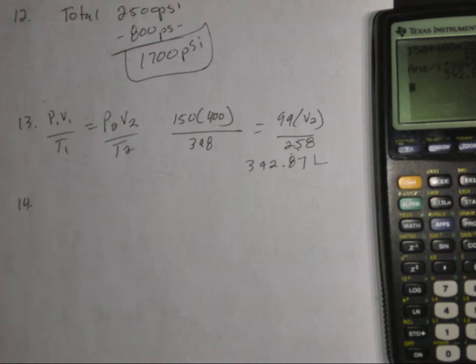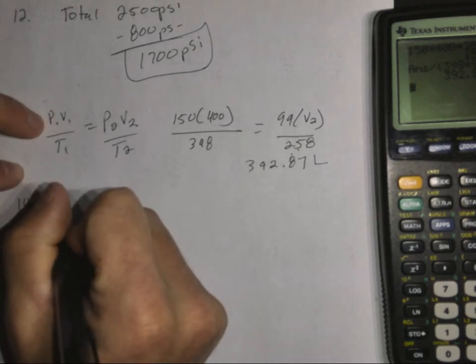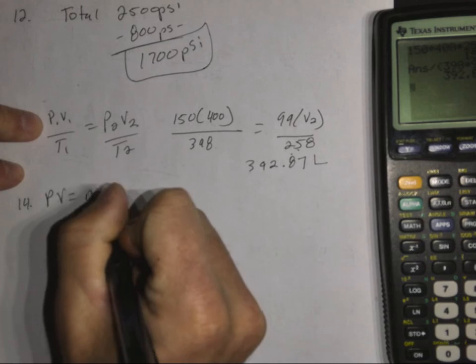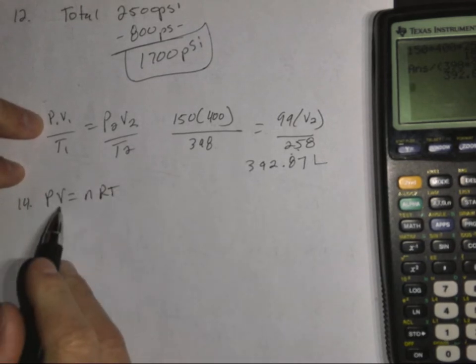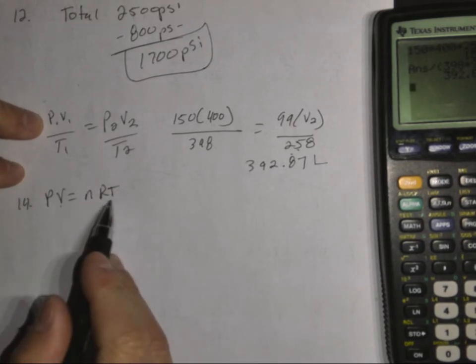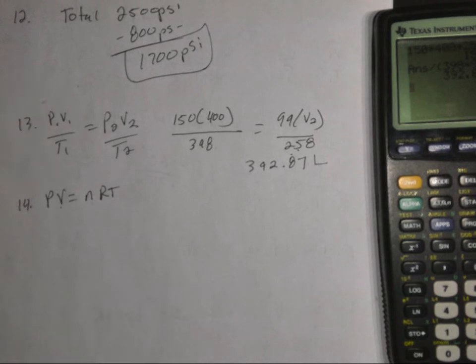14. If you have 5.56 moles of nitrogen gas at 375 K and 985 millimeters of mercury, what is the volume? Well, we have a gas law called the ideal gas law where PV equals nRT. Pressure, volume, N is the number of moles, R is a constant, T is temperature. We were given everything except for volume.